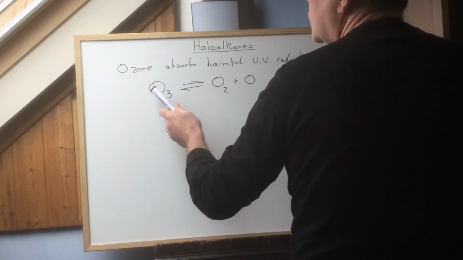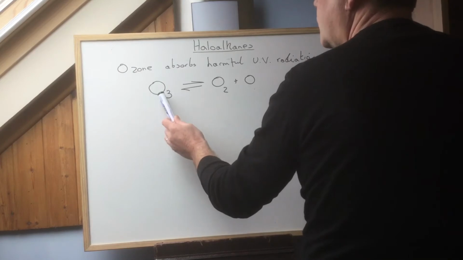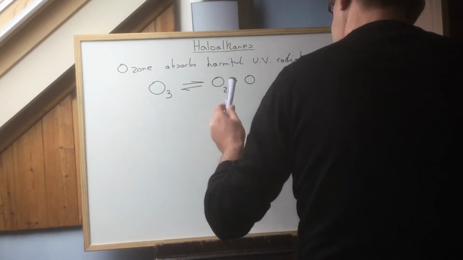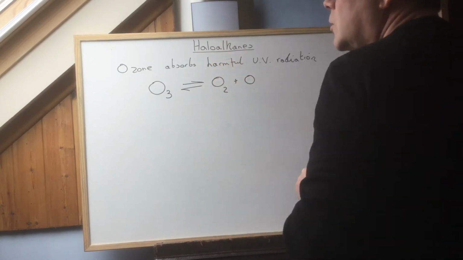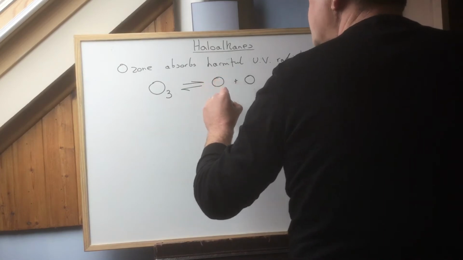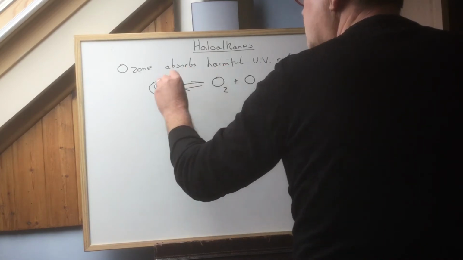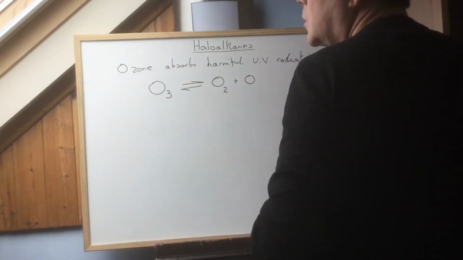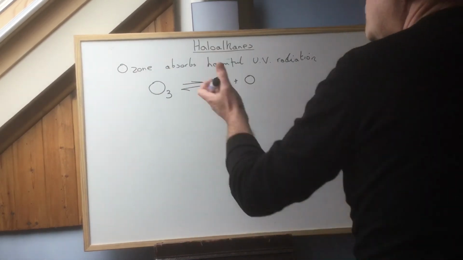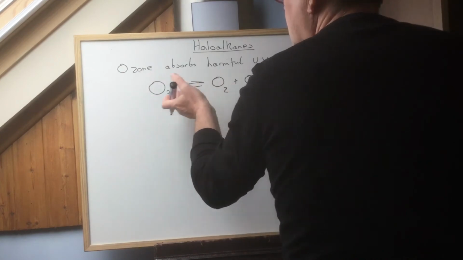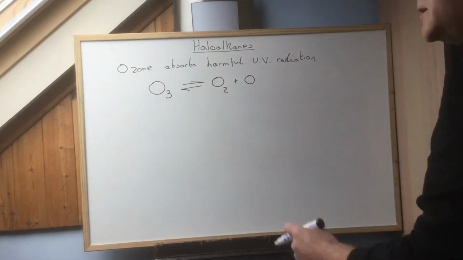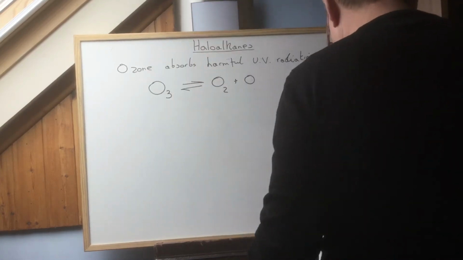Answer: if the ozone concentration increases, the equilibrium will shift to the right-hand side to decrease the ozone concentration, increasing the oxygen concentration. If the oxygen concentration increases, the equilibrium will shift to the left-hand side, increasing the ozone concentration. So that's the first question answered, how that equilibrium maintains the relative amounts of ozone and oxygen in the atmosphere. So maintaining equilibrium, box ticked.